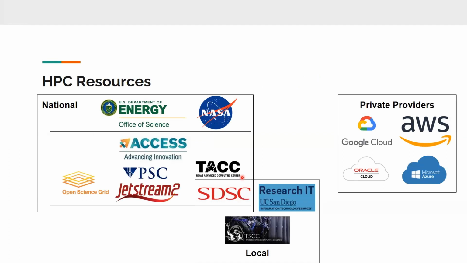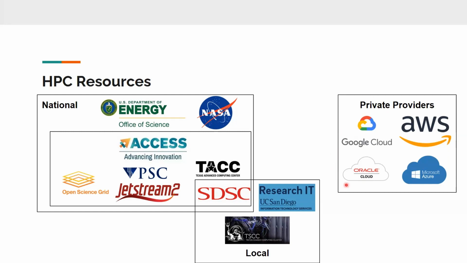And here I want to bring up the large number of places where you can get HPC resources. Here we have both national, federally funded resources and private providers. You probably have heard of Google Cloud, Oracle, Microsoft Azure, or AWS, Amazon Web Services.